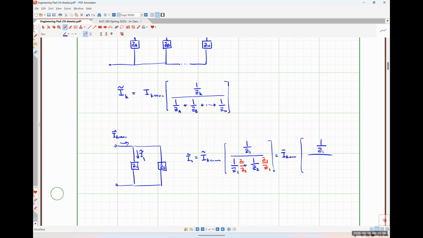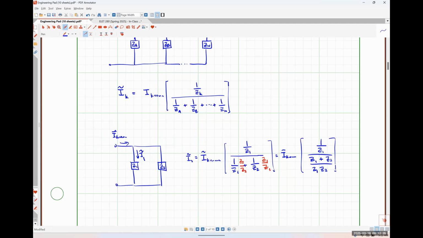And now I have 1 over Z2 over Z1 times Z2 plus Z1 over Z1 times Z2. So essentially, I've got a common denominator in my denominator. So that's going to look like Z1 plus Z2 over Z1 times Z2.